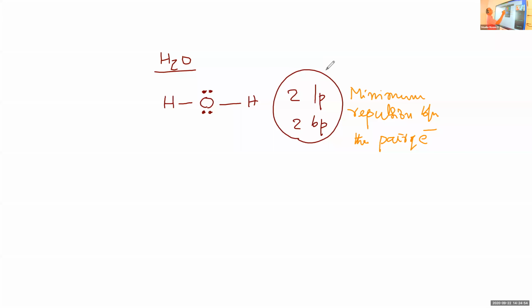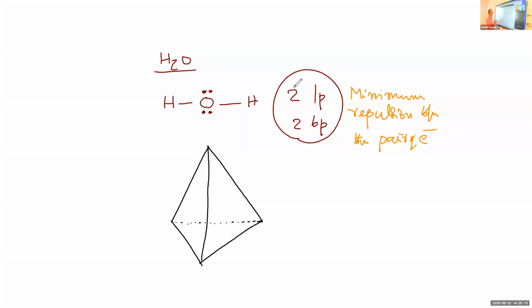The modern views say that the distribution will be like this. You consider a structure of a tetrahedron. And what is a tetrahedron? Structure of a tetrahedron like this.